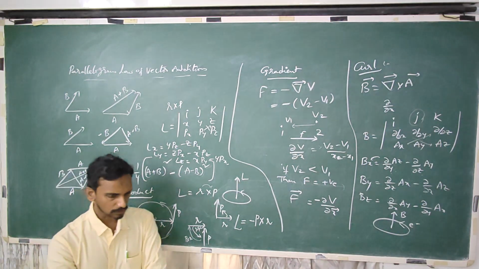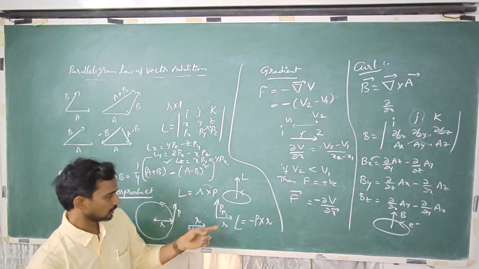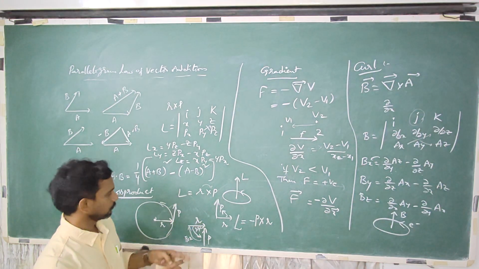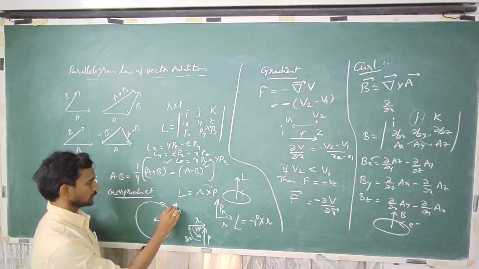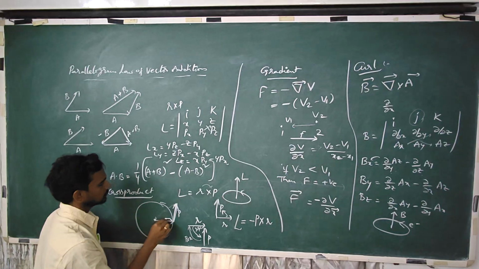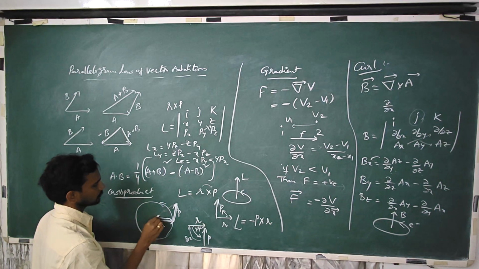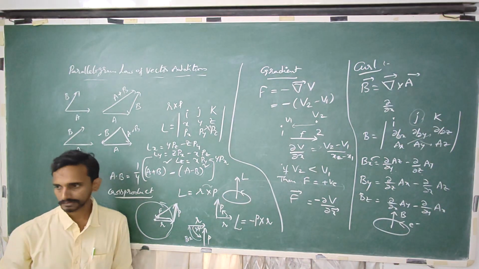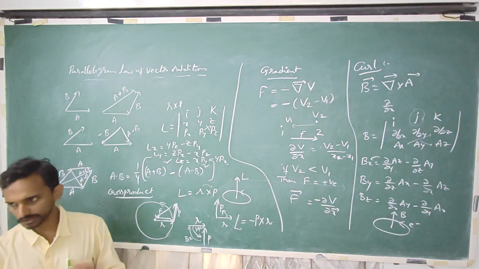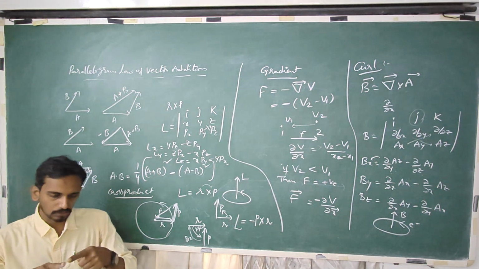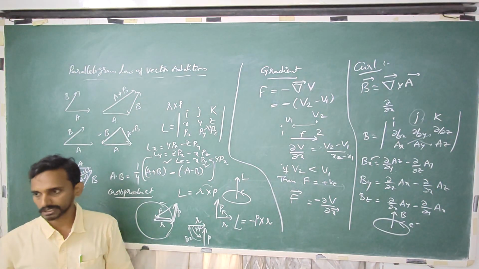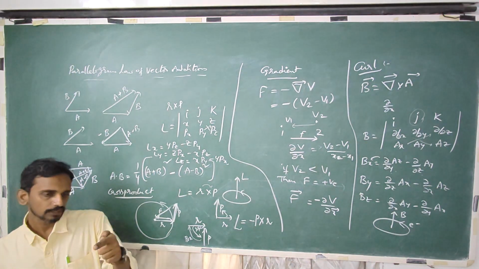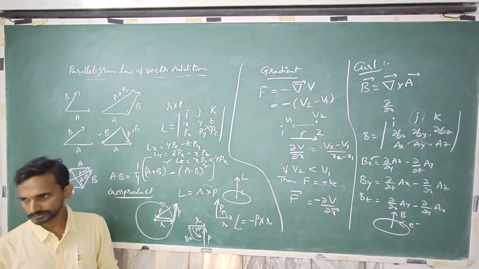Just like this, if an object is moving in this direction and there is a force perpendicular to the direction of motion, then the object comes into circular motion. There are two perpendicular forces acting on the object. One is pushing it in the forward direction, another is pulling it towards the center.